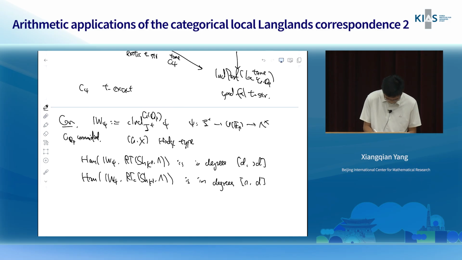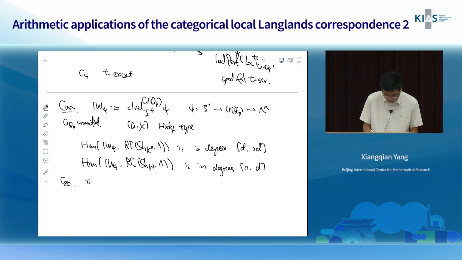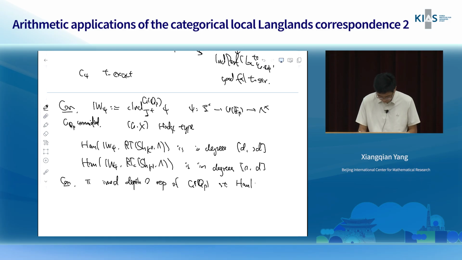Another corollary is that if π is an irreducible depth zero representation of G(Q_p) that has a non-trivial Whittaker model, then the Hom from the Iwahori-Whittaker representation to π is non-zero. The Iwahori-Whittaker representation is really the depth zero part of the Whittaker representation, so this is equivalent to saying that π is generic, in the sense that the Whittaker model is non-zero.